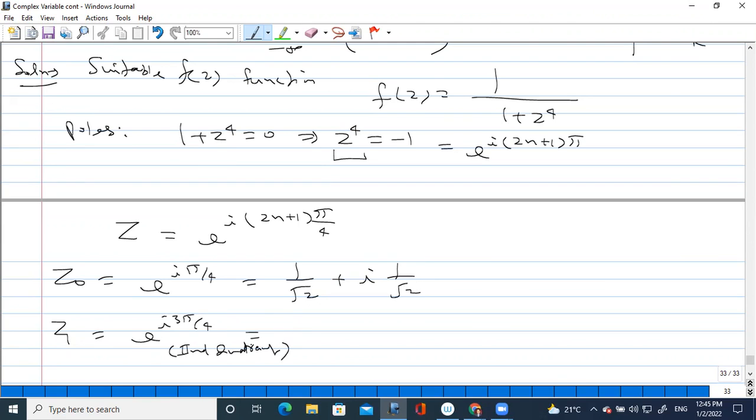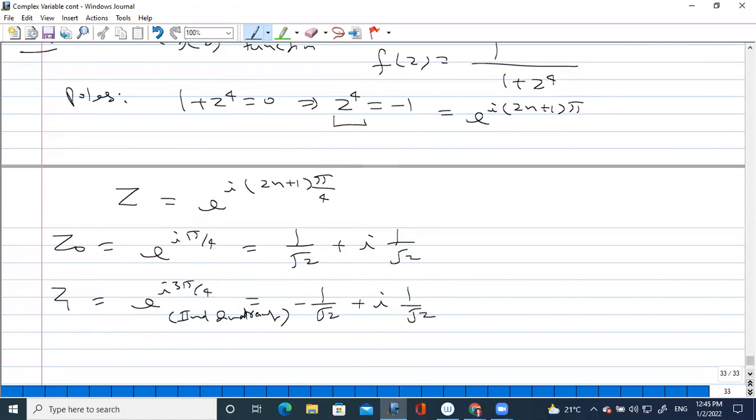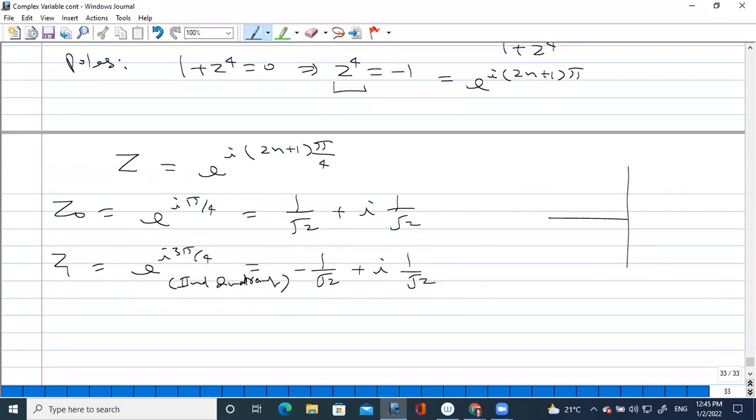So that's why in the second quadrant sine is positive, cos is negative. So the answer will be minus 1 by root 2 plus i 1 by root 2. This is first, second, third, fourth quadrant; you have to check the quadrant and see the angle from here.